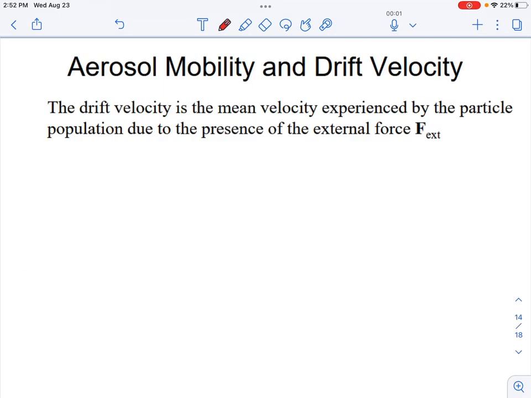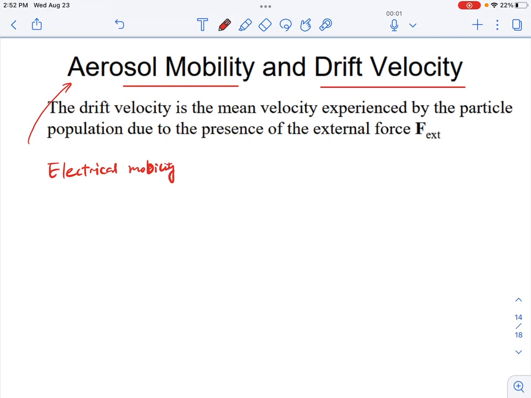The next concept we want to cover is aerosol mobility and drift velocity. These concepts are used when other external forces are involved, for example, electrostatic force or magnetic force, where the particles will move in a direction not caused by gravity. Especially, the concept of electrical mobility is quite important.